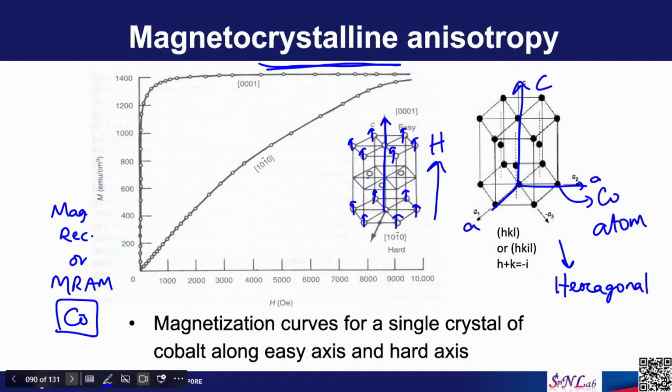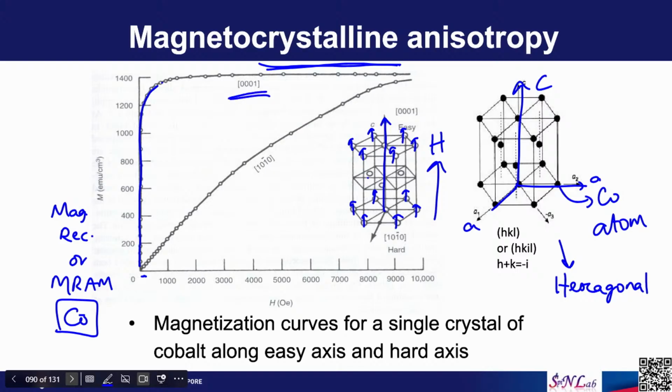Then you notice that the magnetization rises rapidly. Within a very small field, you can see that it jumps to a very large value. I told you that in the ground state you do not do anything, they are already along this direction, but this is an experimental result, right.